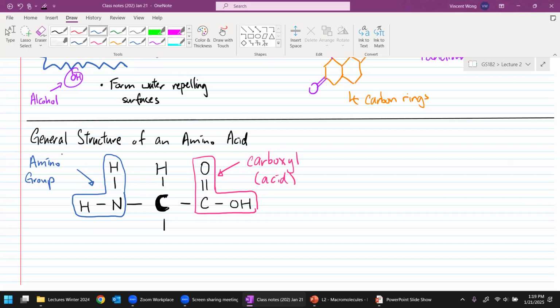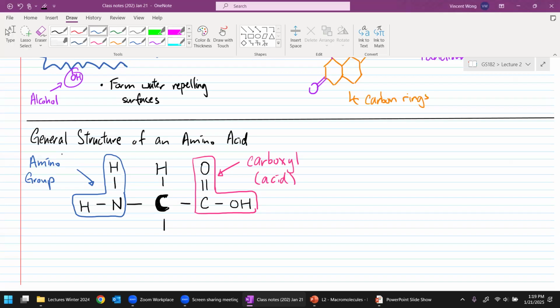Because half of it is amino, which behaves like a base actually, and then the other half is an acid. Amino acid. All the amino acids have this structure associated with it. How many amino acids do we have? Remember the number? 20. Okay. All 20 of them are going to have this structure.